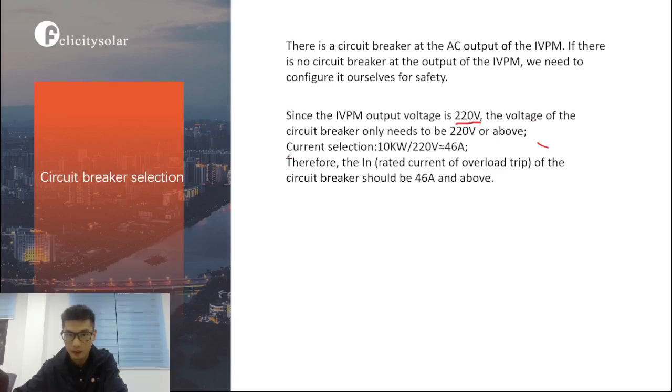And then, by the calculation, we can know the current is around 46 amperes. So, principle 2: the rated current of the overload trip of the circuit breaker should be 48 or above. That's principle 2. We need to pay attention to the voltage and the current.